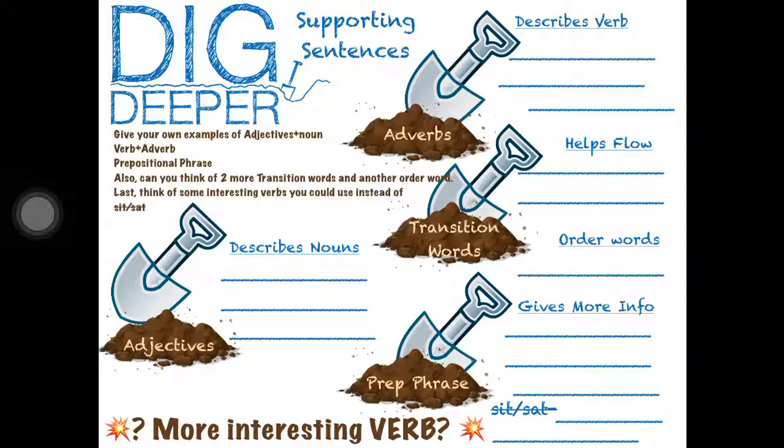Think about if you have a sentence, the boy sat on the couch, there's got to be a better way to say how he did that on the couch. So there are definitely some words that you can come up with that would give a better image in the reader's head other than using sit or sat. So let's try to think of 2 or 3 interesting words for that.